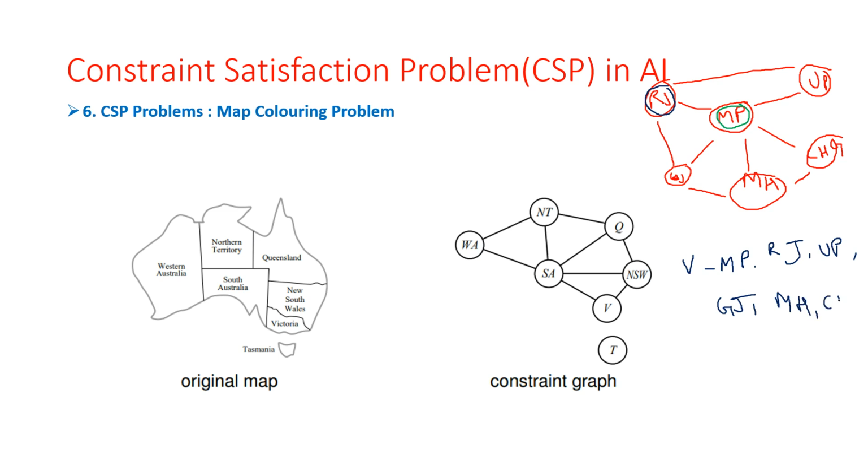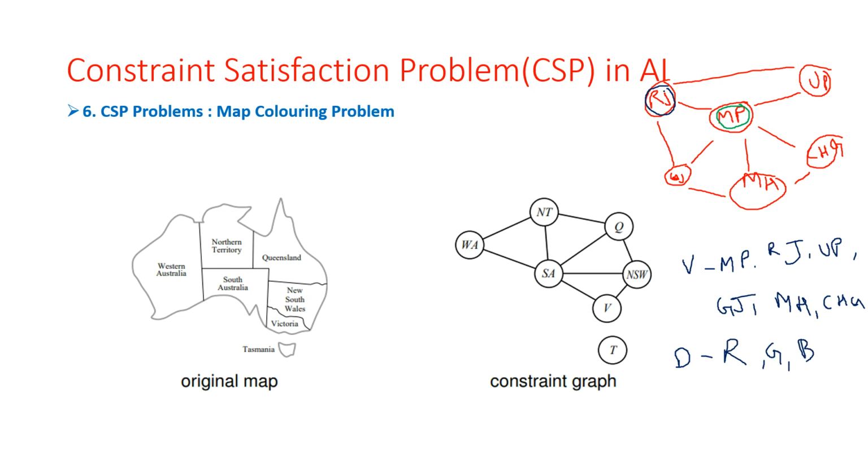And what are the domains for this map coloring problem? The domains are the colors: red, green, and blue only. We have to use these three colors only.